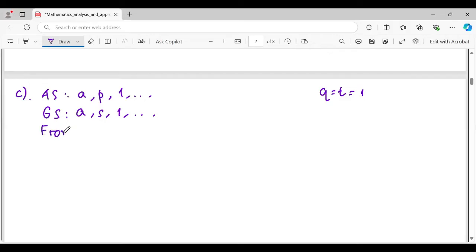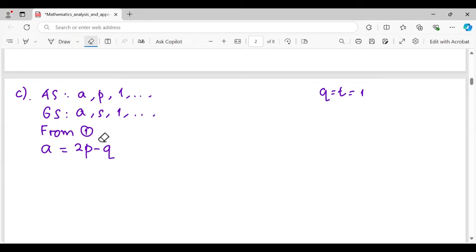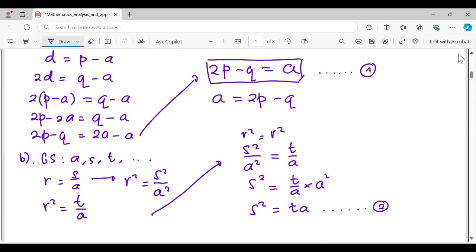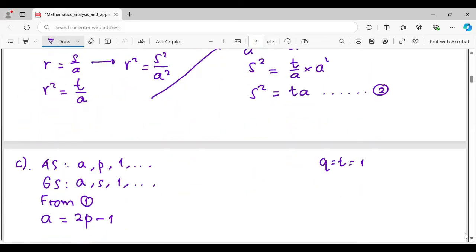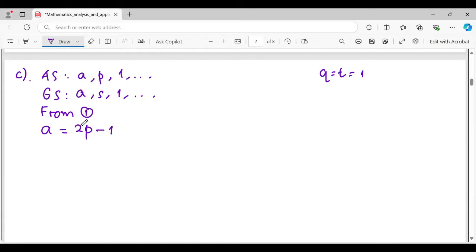From the first equation, A equals 2P minus Q, or 2P minus 1, because Q equals 1. This is the first equation.